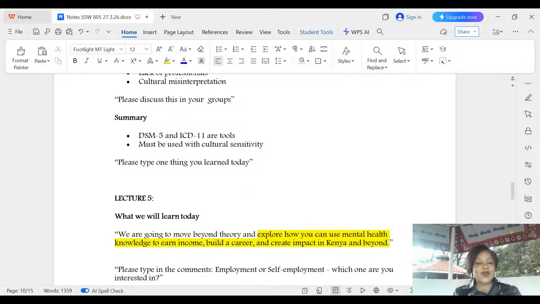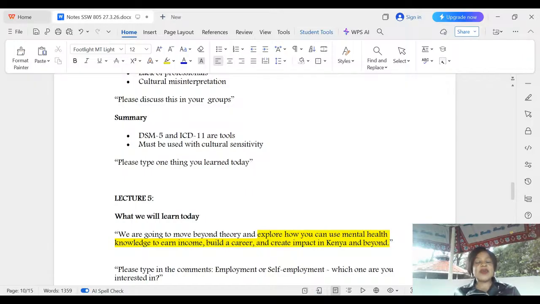And in this content, we are going to move beyond just looking at theory and explore how we can use mental health knowledge to actually earn income, to build our careers, and to create impact in our country and beyond. Like I always emphasize, okay, knowledge is great to have, but it is important that that knowledge is also able to translate to economics.